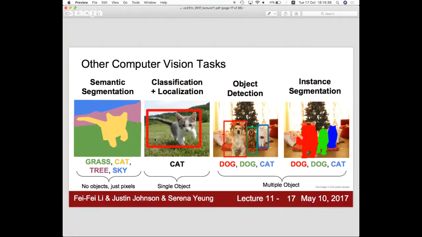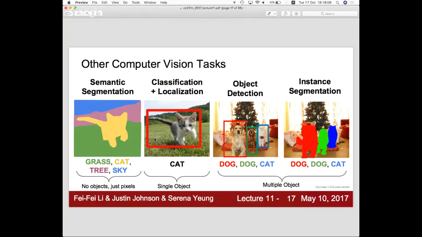But in the real world, there are many other image processing problems we need to solve. Here are four problems: segmentation, localization, detection, and more. First, I will share with you the segmentation problem.